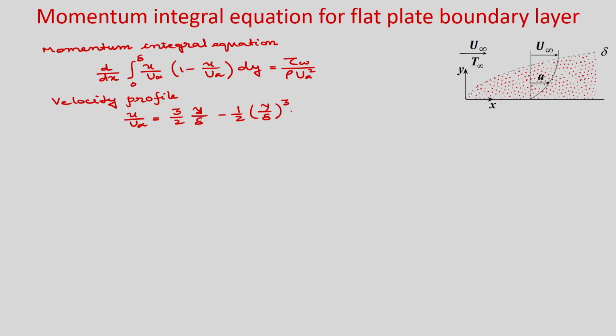So, now let us put this velocity profile in this momentum integral equation and find the unknown variable delta.